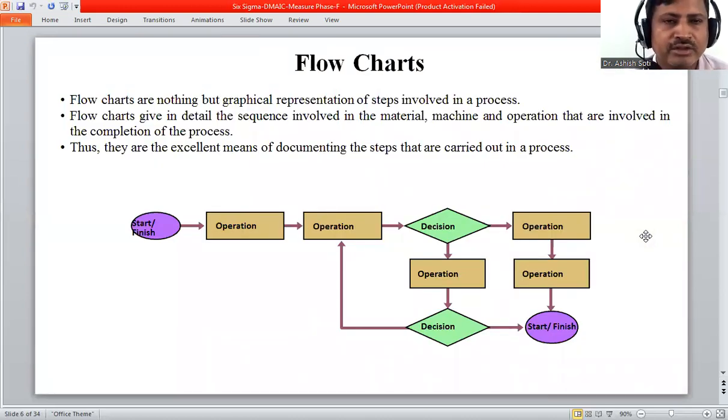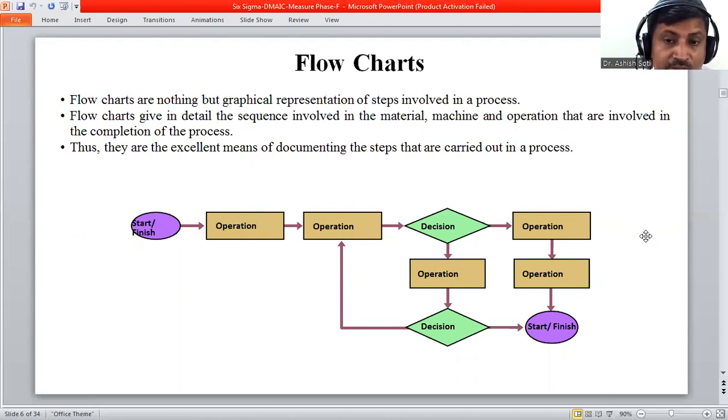A flow chart is nothing but a graphical representation of the steps involved in a process. Flow charts give in detail the sequence of materials, machines, and operations involved in the completion of the process. Thus, they are an excellent means to document the steps that are carried out in the process. So it gives a very clear pictorial view of what is happening.